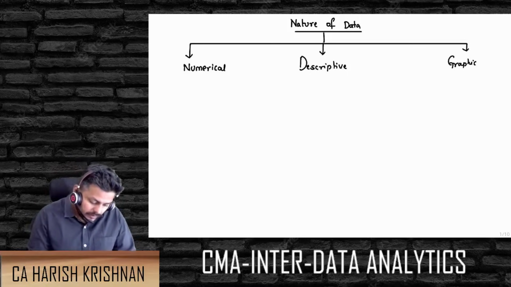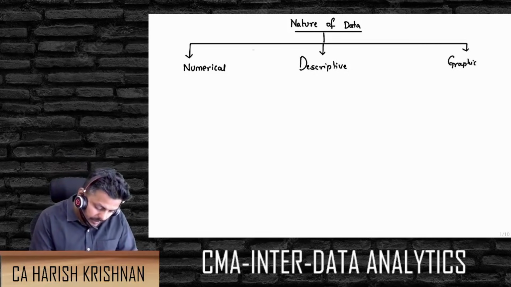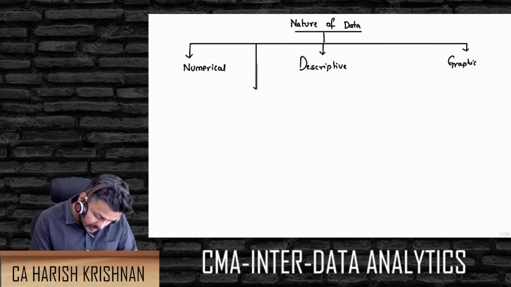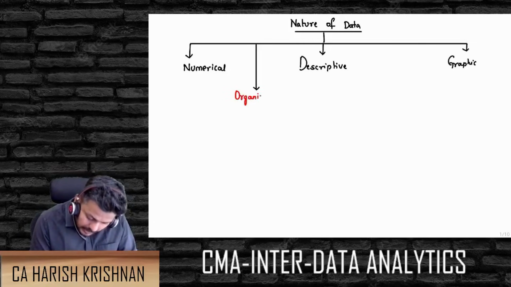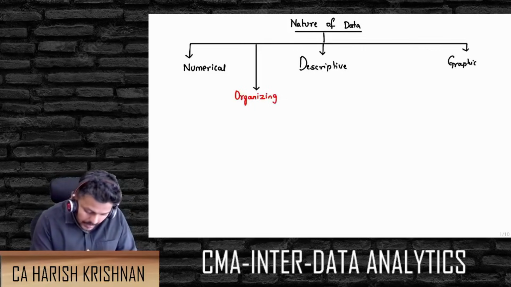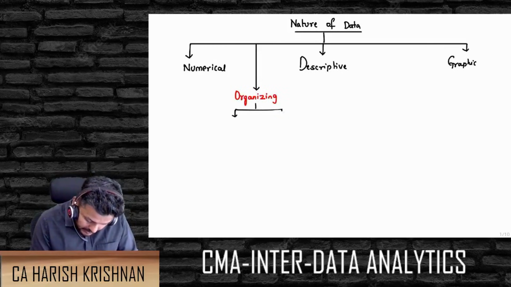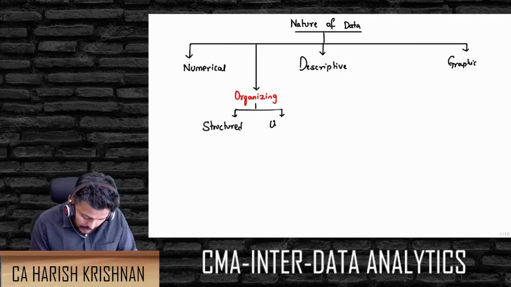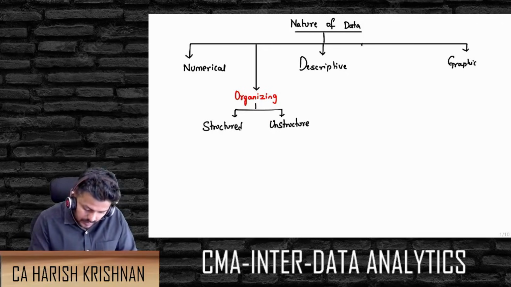Apart from this, based on nature of data, based on organization, if a data is well organized, then the data will be either structured data or unstructured data.